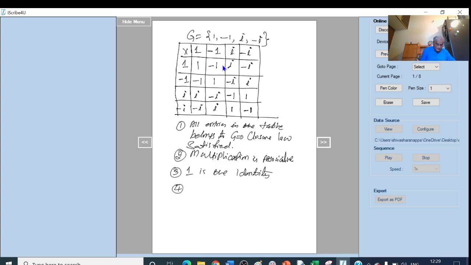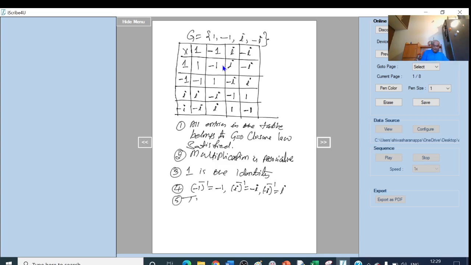And fourth one, find the inverses. The inverse of minus 1 is equal to minus 1 itself. The inverse of I is equal to minus I. And the inverse of minus I is equal to plus I. So the inverse of each element exists.